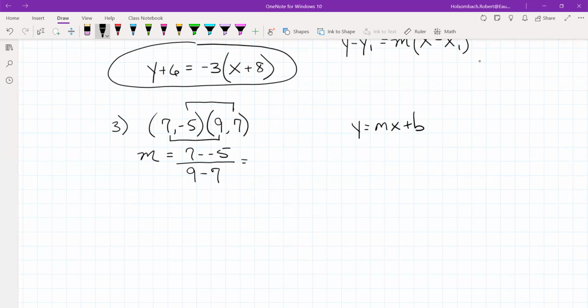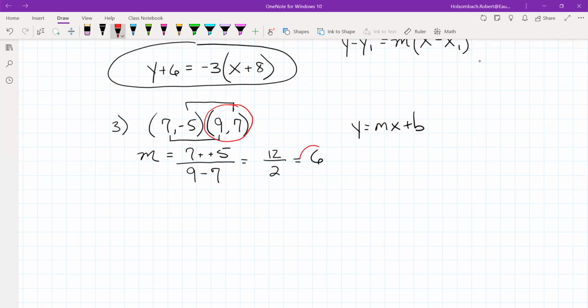So 7 minus -5, we keep change, we get a 12. 9 minus 7 is 2. 12 divided by 2 is equal to 6. So we've got an m that's equal to 6. Now, if our m is equal to 6, I'm going to pick this point right here since both values are positive.